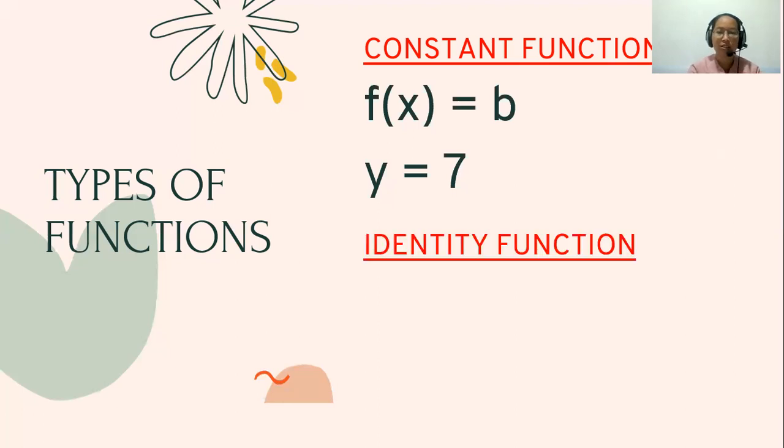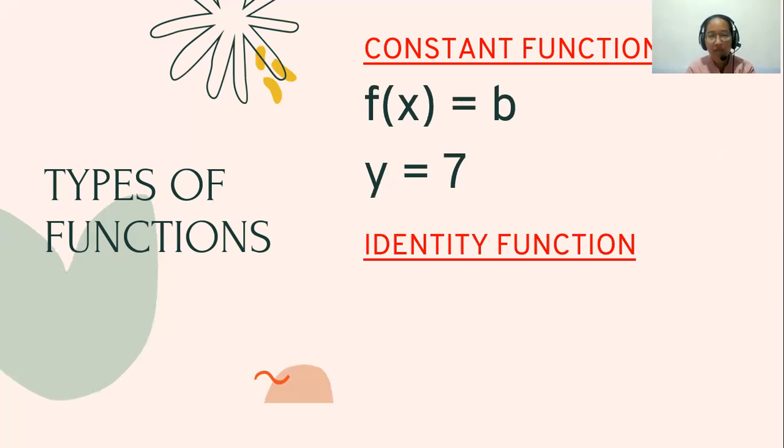The second type of function is known as an identity function. The word identity itself means mirroring yourself. So an identity function is a function which returns the same value which was used as its argument.